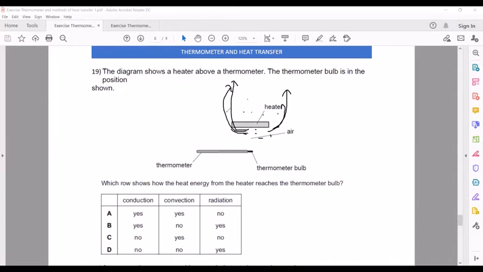But in this case, the hot air molecules will rise up. So convection is not the way by which energy transfers to the thermometer. Conduction happens in solids. Between a heater and a thermometer you have air, so conduction cannot happen. So the only way the energy can transfer from the heater to the thermometer is by radiation.